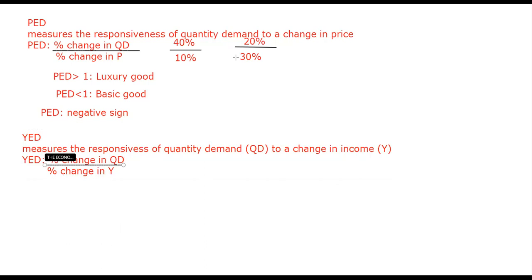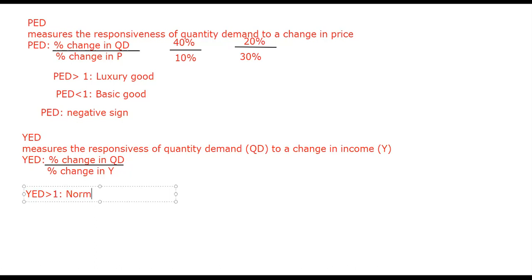After you calculate YED, what does it mean? If YED is greater than 1, a change in income has caused a greater change in quantity demanded, and the good is known as a normal good.